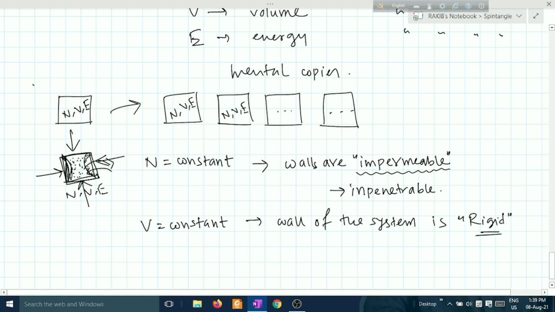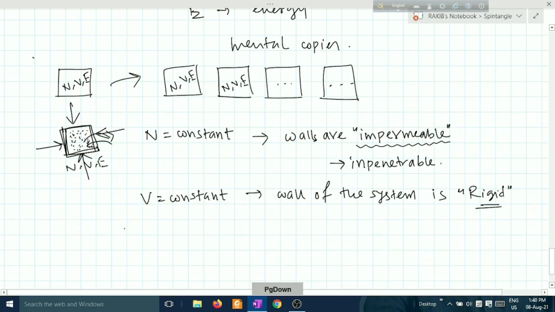The wall does not bend. If it did, the volume would decrease, but the walls are rigid. You can compare it with the wall of your room. It is not 100%, but mostly a rigid wall. Therefore, by pushing a wall, you cannot move it. This is the concept of constant volume.